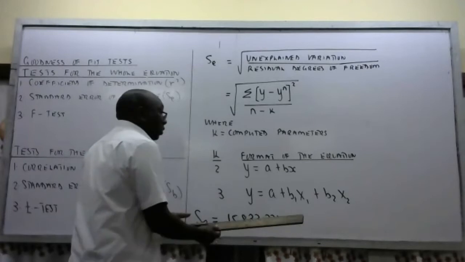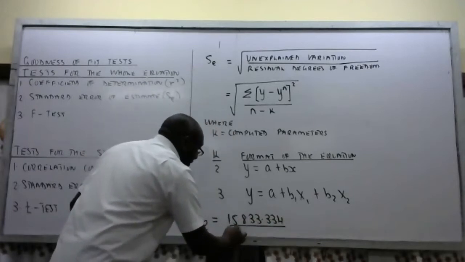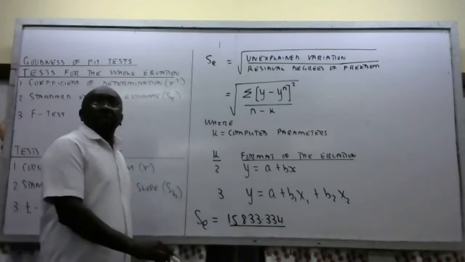Good. So we divide this by n. N, we know, there were 6 values.